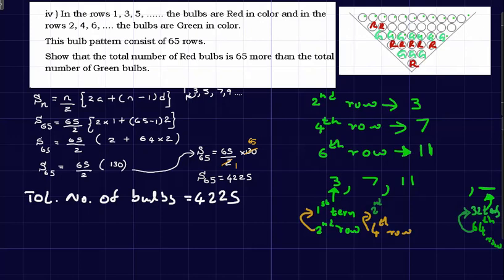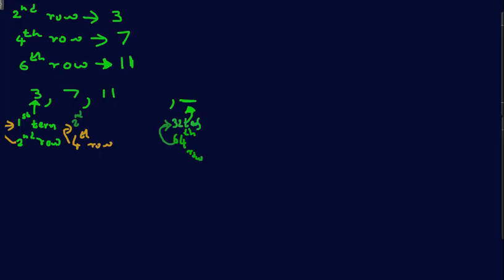So to find the total number of green bulbs, we have to find the addition of these 32 terms in the green color arithmetic progression. So let's see how to do it. Let's start writing the formula. The formula is S_n equals n over 2 times 2a plus n minus 1 times d.